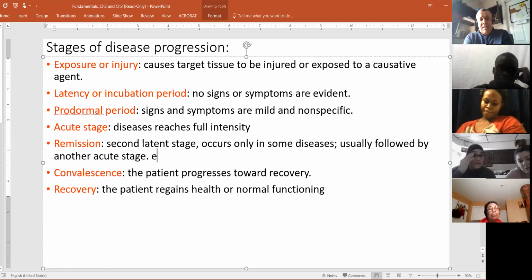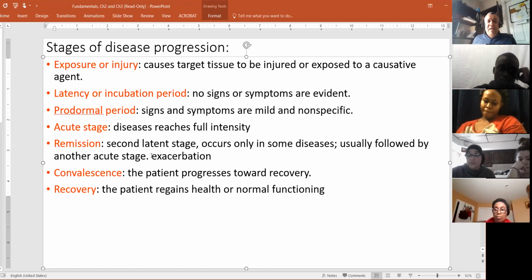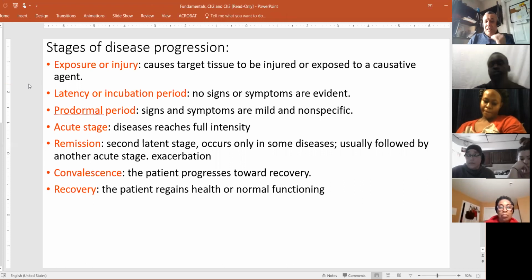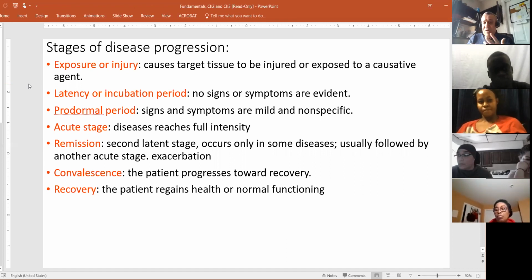So exacerbation is when the signs and symptoms are heightened, like the highest intensity of the signs and symptoms. That's when the patient is living in exacerbation.